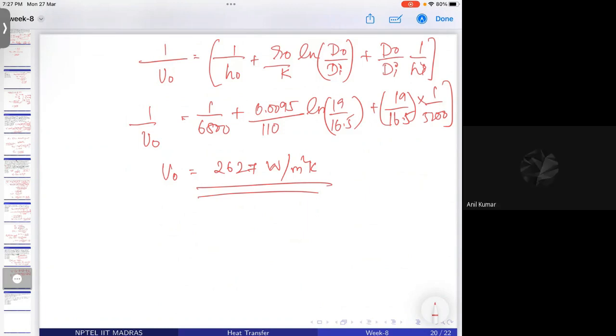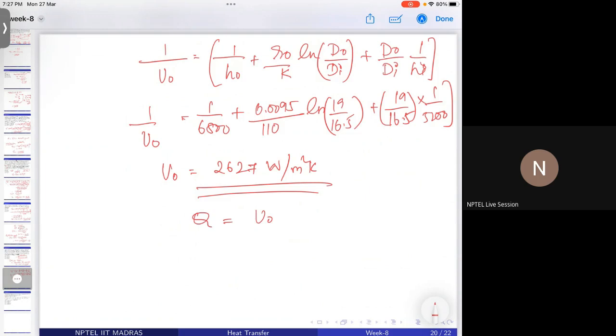First, find out the heat flux. No, no, the rate of heat transfer. Sorry. Heat transfer rate, that is Q. As it is told, it is per unit length, so I'm taking L as 1.